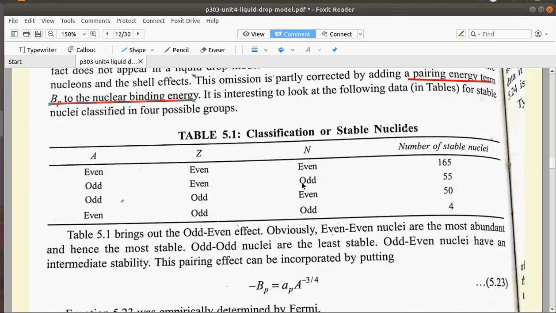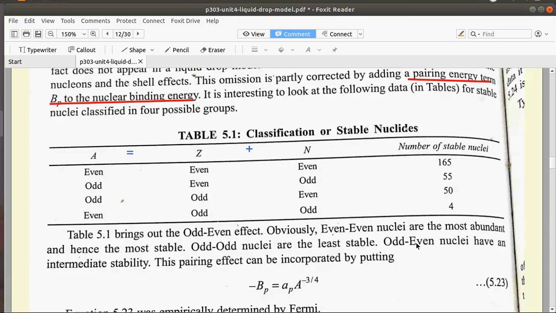So a nucleus can be classified into 4 possible groups. Now A is the total number of nucleons, Z is the number of protons and N is the number of neutrons. You can write it like this also: A equals Z plus N, and the number of stable nuclei.